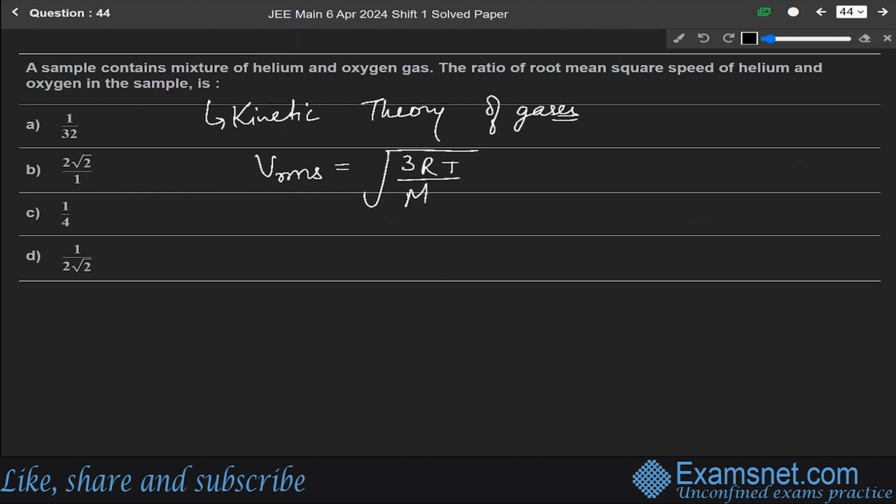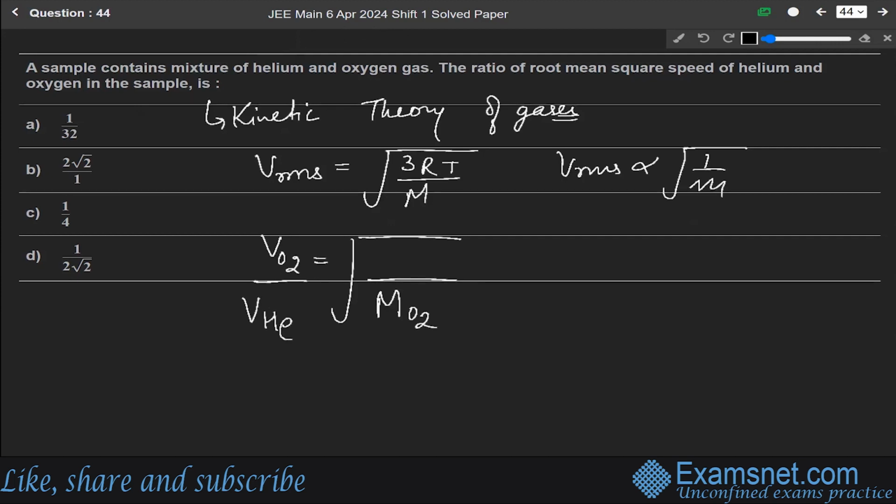So for helium and oxygen, 3 is constant and R is constant, T is constant. So it basically depends on under root of 1 over M. So for oxygen we can write under root of molecular weight of oxygen, and for helium under root of molecular weight of helium.